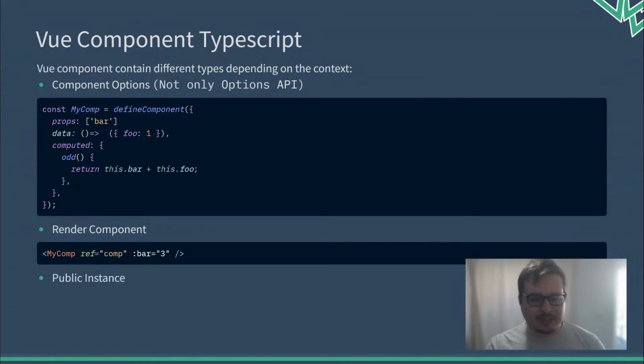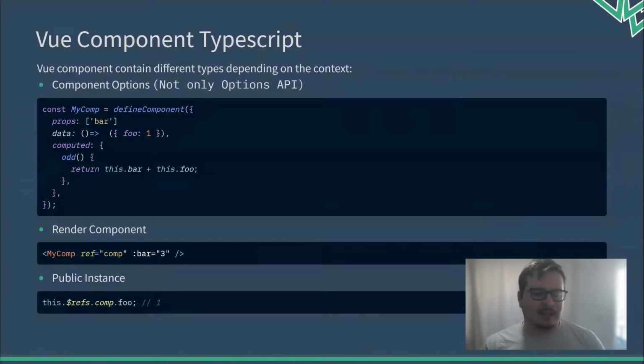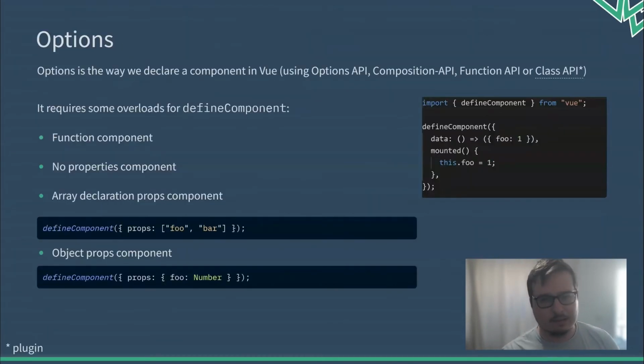Then we have a public instance. The public instance is basically what you get when you access the ref or access this.